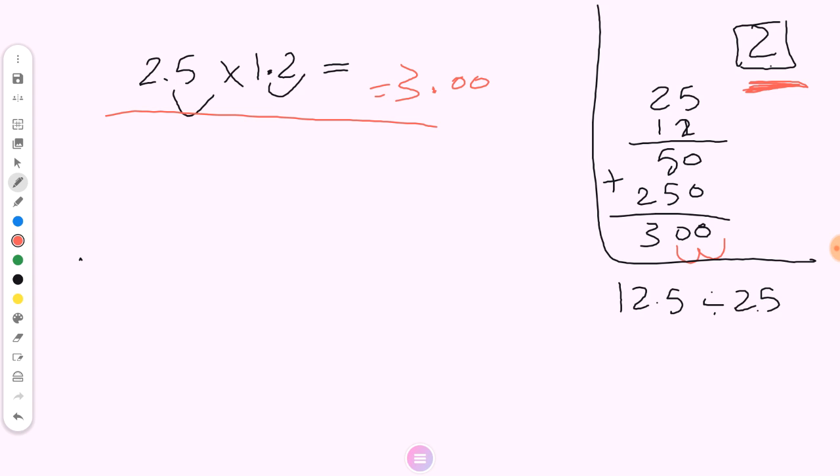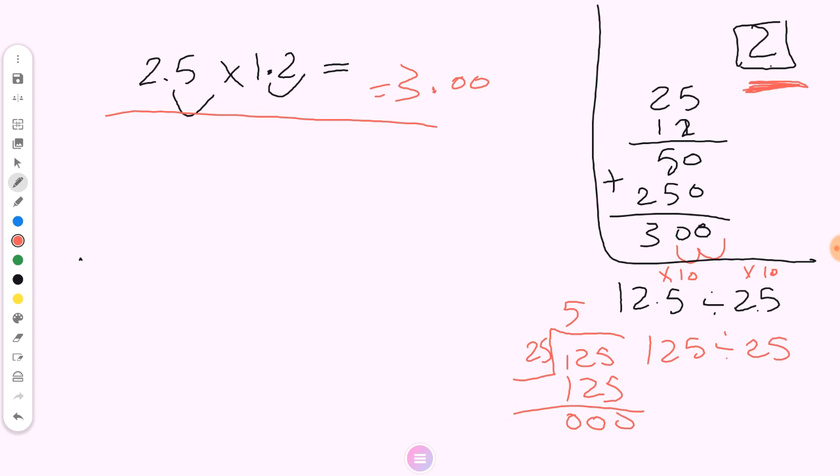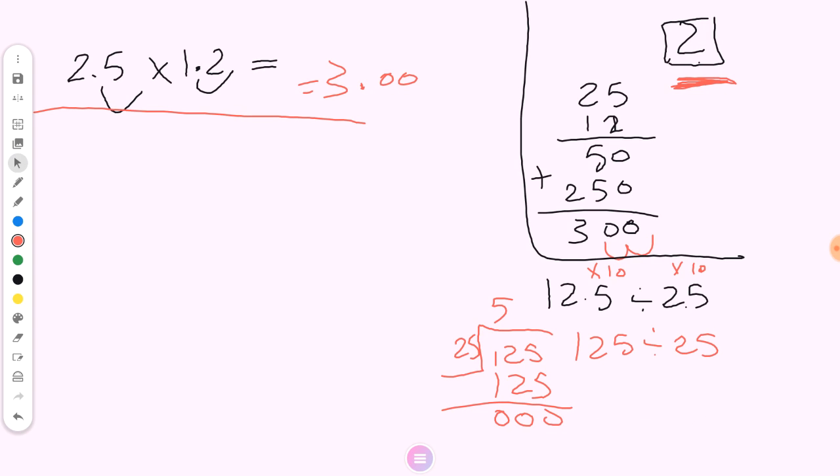I have to multiply both sides by 10, so it will be 125 divided by 25. When we divide using long division, 125 divided by 25: 5 times 25 is 125, which leaves 0. So the answer is 5. Multiplying and dividing this number will equal 5.